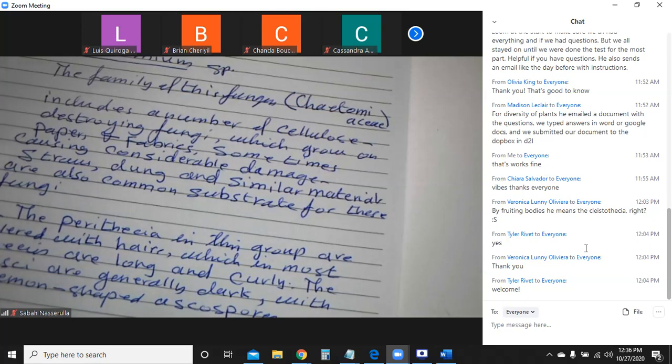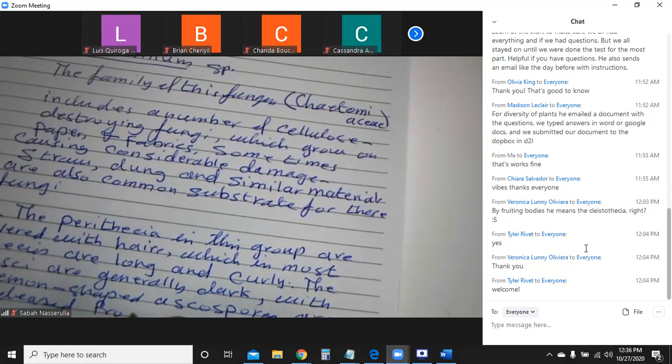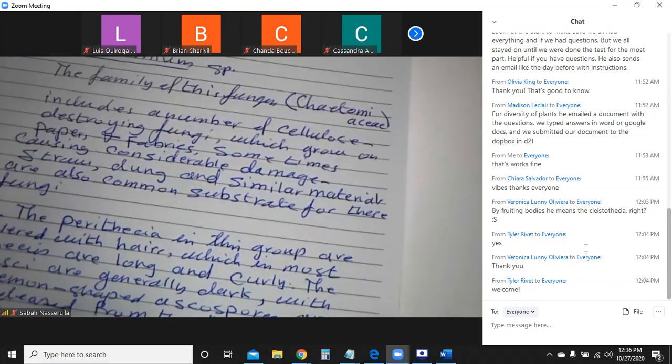And of course, the ascospores are released from the perithecia through that opening, which we call the ostiole, the ostium, that opening at the end.